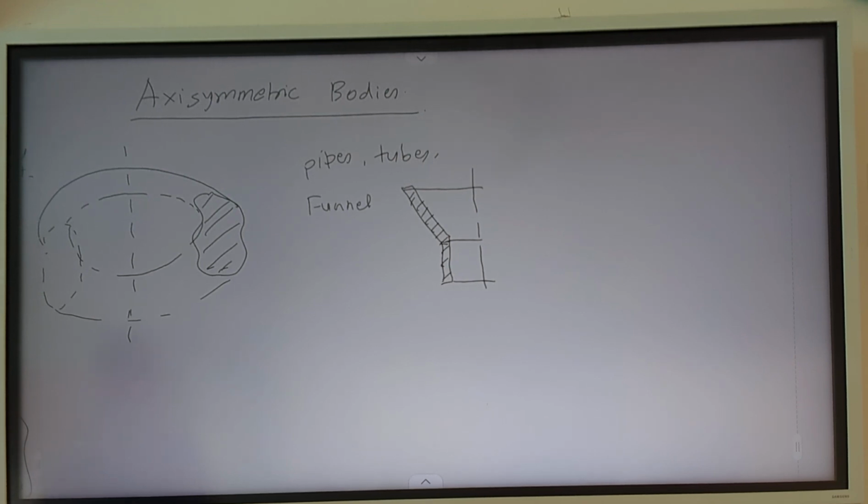What other engineering objects can be obtained by revolving a cross section? A spherical object, like a spherical balloon or spherical container.